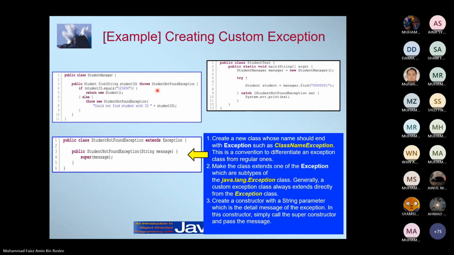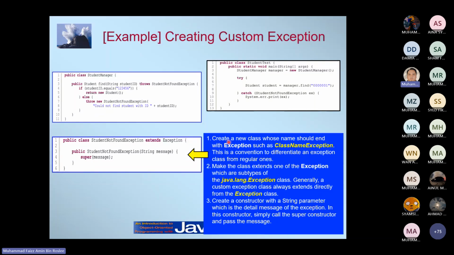So this is one example of an exception that is created for custom usage. Here you have the class StudentNotFoundException, which extends Exception itself. How do you do it?